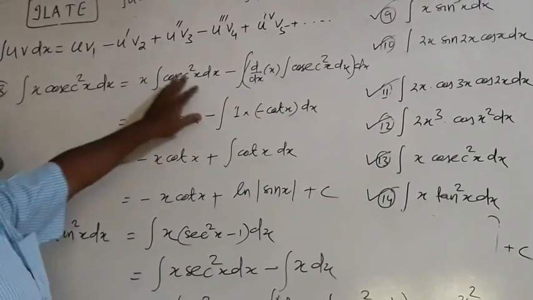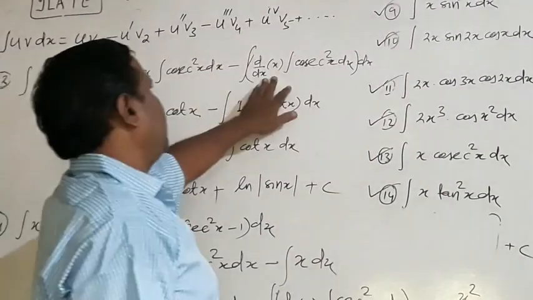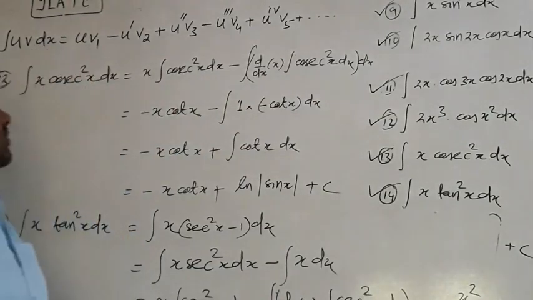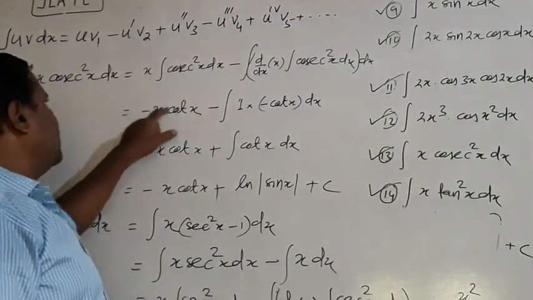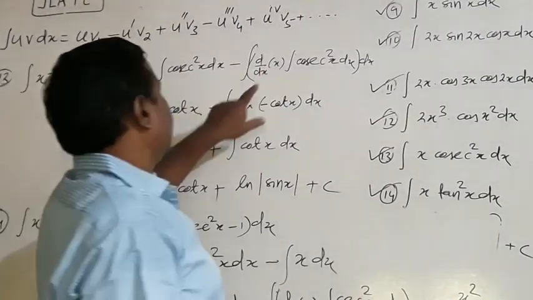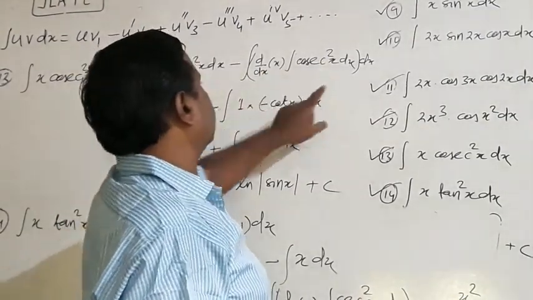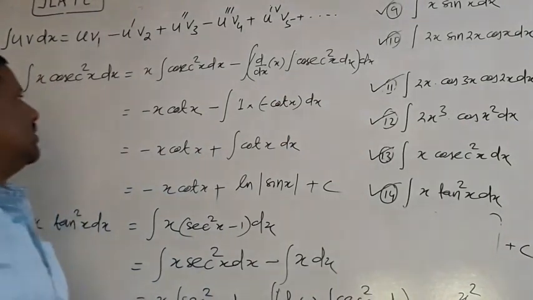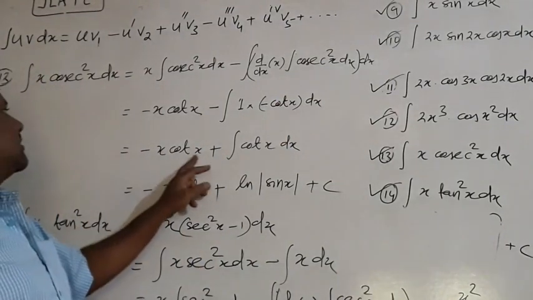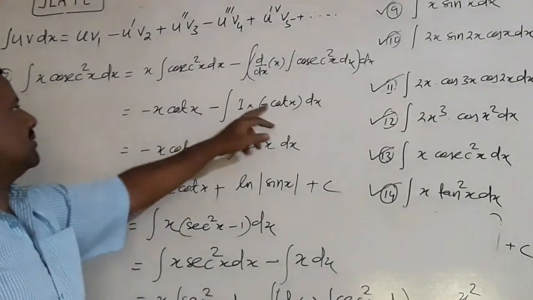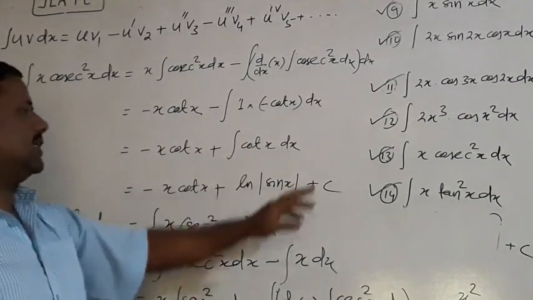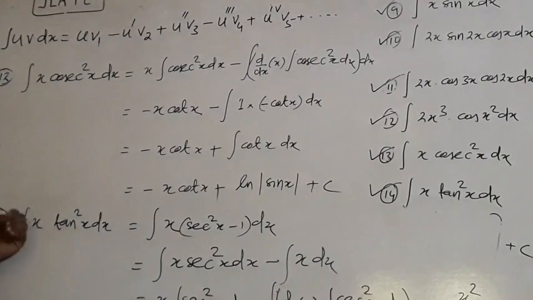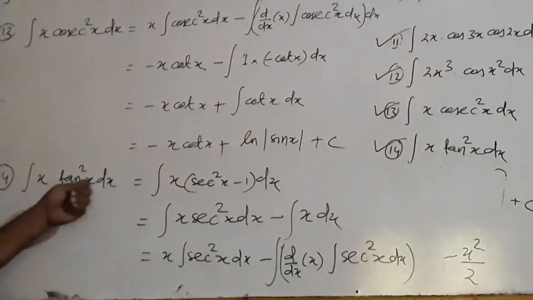The integration of cosec squared x is minus cot x, and the derivative of x is 1. So it becomes minus x cot x plus integration of cot x, which is minus x cot x plus ln sin x plus c.